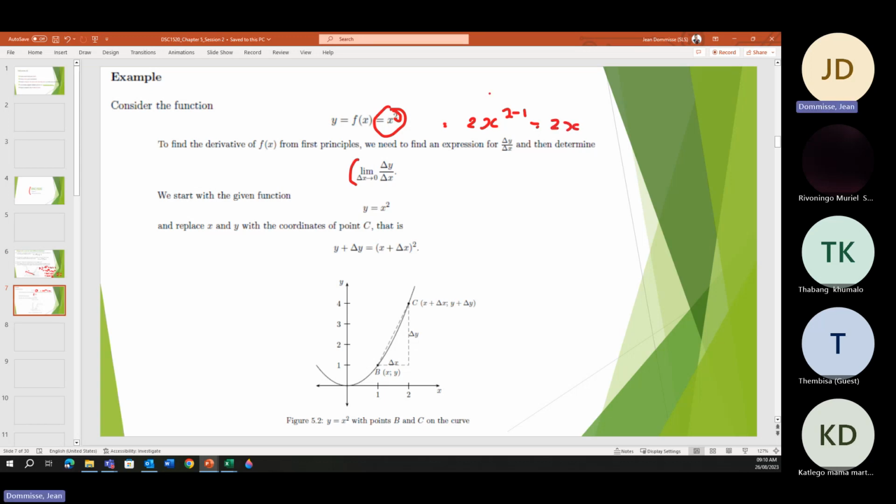So if it was x to the power of 2, when we differentiate it, we will get 2x. Please don't go and study all of the limit rules and those kinds of things, because you don't need to.